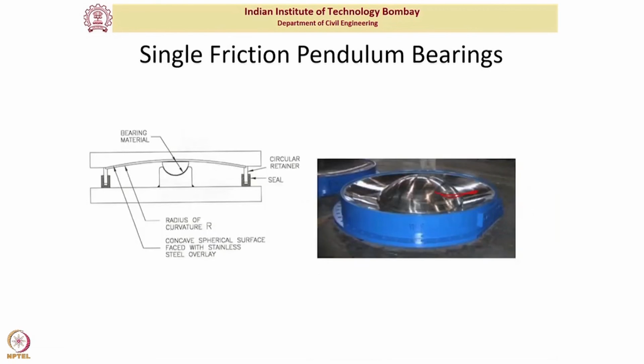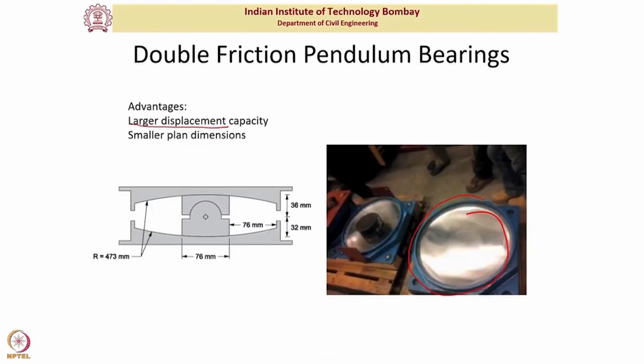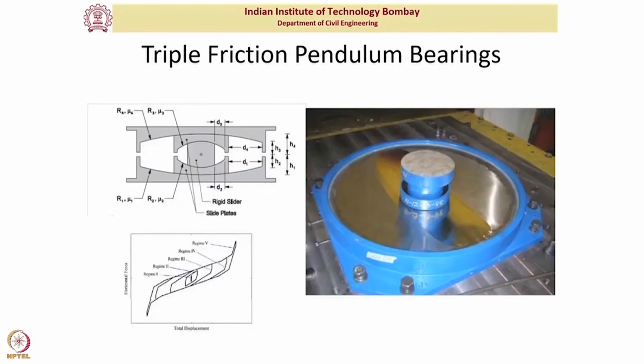In this case, this would just slide to the end, and that is the end of it. But on this one, first this would slide to the end, then this can again slide over the top of this one. So the displacement capacity is actually increased. If you increase the number of sliding surfaces further, your displacement capacity is further increased.